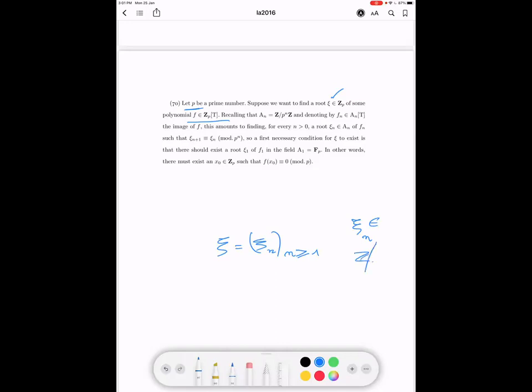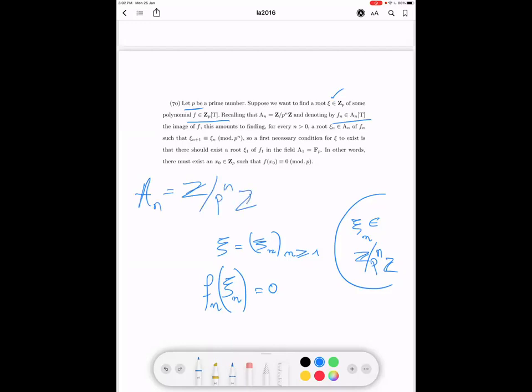It's in Z modulo p to the n Z. So for psi to be a root of f, what you require is that these psi n, which is in Z modulo p to the n Z, should be a root of fn, where fn is the image of f in An. An is my abbreviation for Z modulo p to the n Z, right?